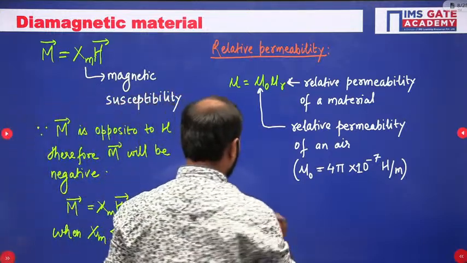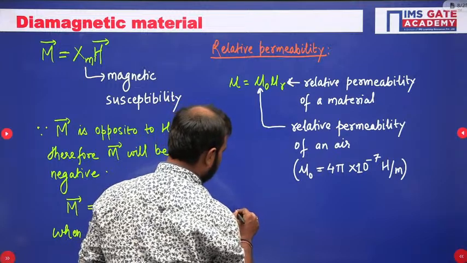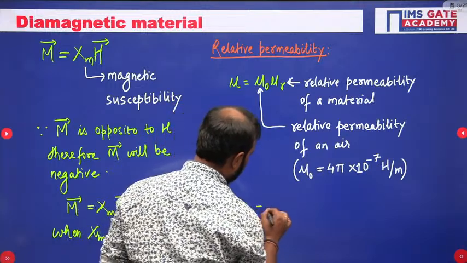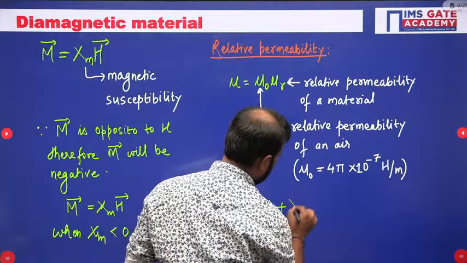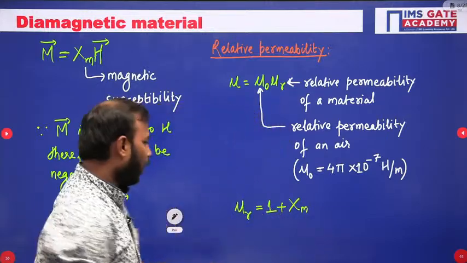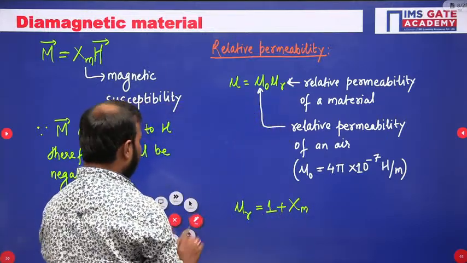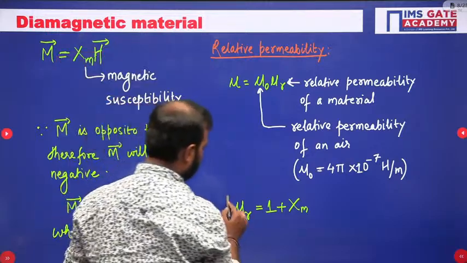Done. So what is the relation here? The relation is mu r is equal to 1 plus chi m. I am skipping the derivation part, which is not at all required here.